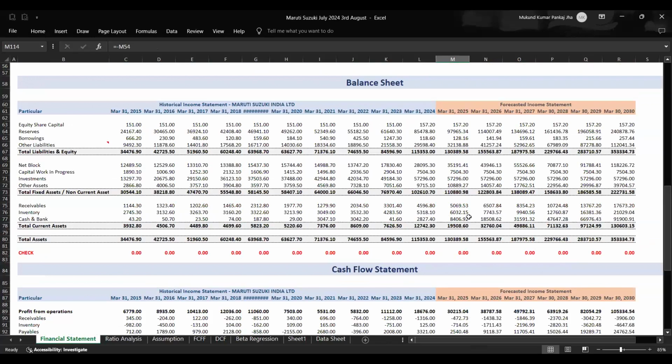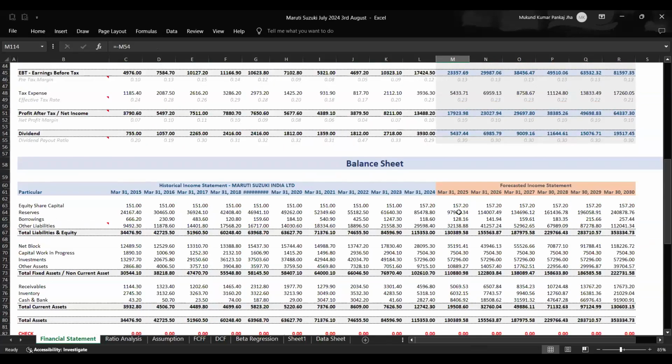But in that case, how will our reserves, okay, but in that case, will our balance sheet get matched?